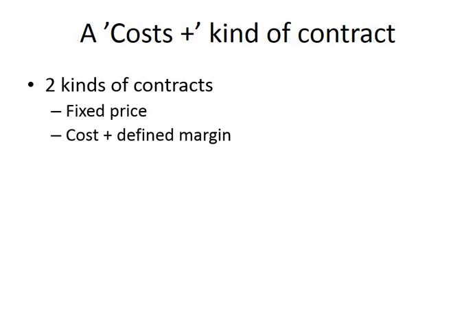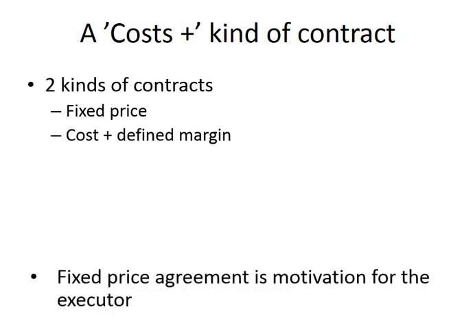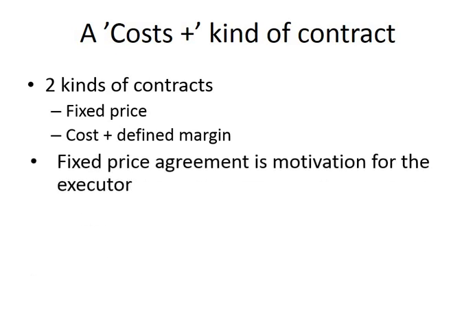And the cost plus is when you say that we are going to cover all your costs, you need to do this and that, and then we are going to add you some money to reward you. Please remember that if the price is fixed, the executioner will do everything to make the costs low. Cost plus, in this case, there is no incentive to do so.